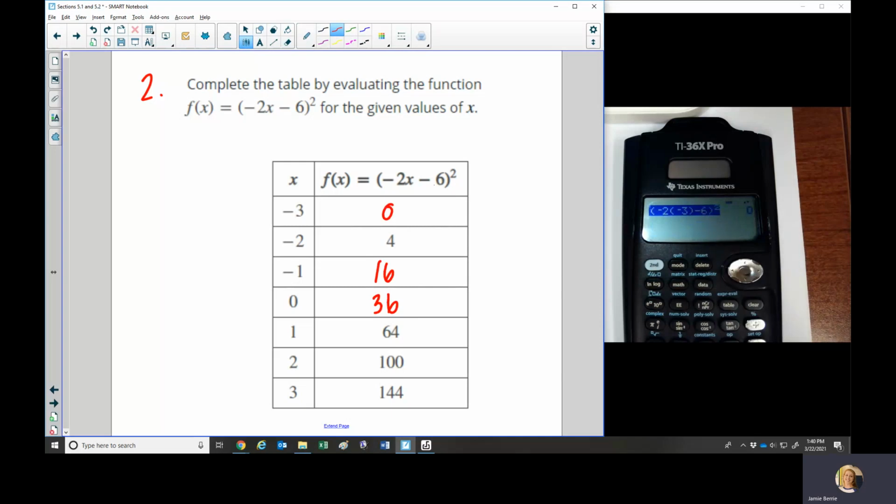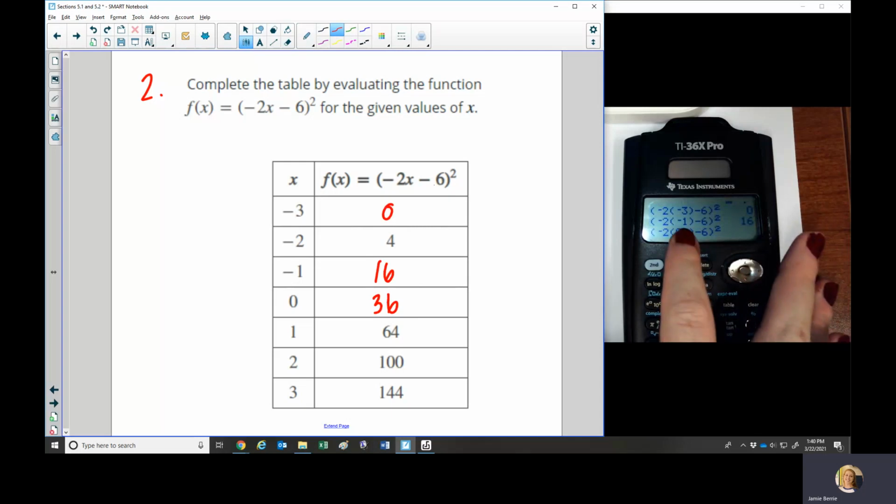Highlight what you just plugged in, hit enter. Then you can just use your little arrow button here to go through and change that number. We wanted to plug in a -1 next. So that's 16. Then you could go up here, hit enter again. Use your left arrow button to go over, type in 0. Now we got an extra number, so you can just hit this delete button.